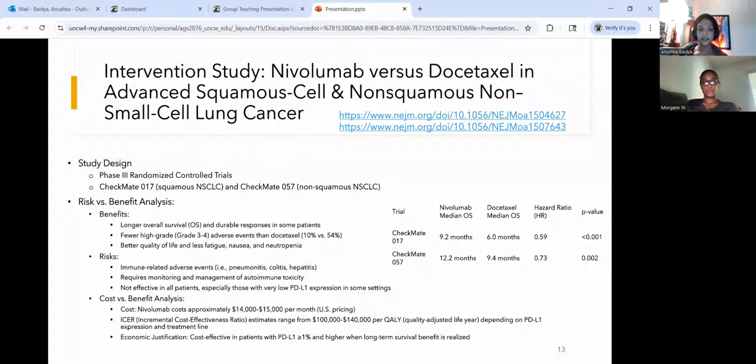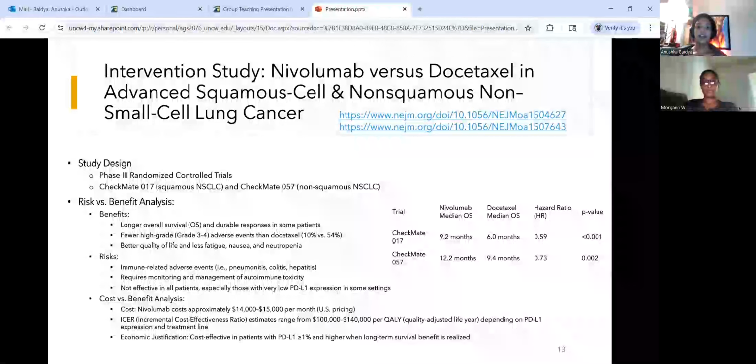The cost versus benefit analysis: nivolumab, or Opdivo, costs approximately $14,000 to $15,000 per month, so that is a pretty big chunk. But it was economically justified, as it was found to be a cost-effective option in patients with PD-L1 levels greater than or equal to 1% and higher when long-term survival benefit is realized.